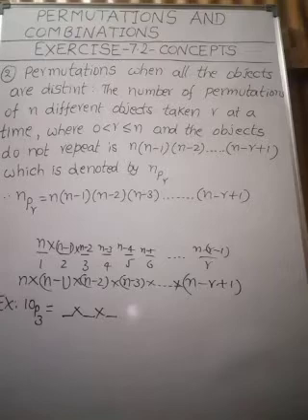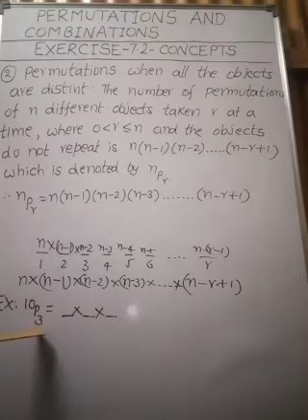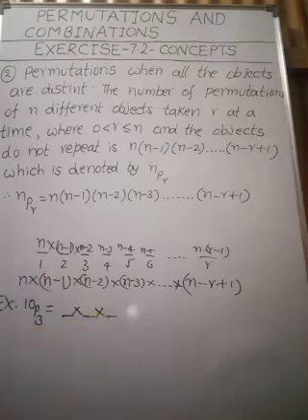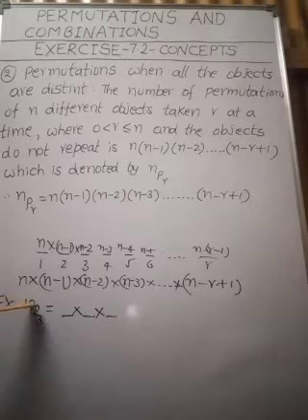Listen to these steps carefully, my children. First, we have to concentrate on this downside number. What is the downside number here? 3. So take 3 blanks, and in between write the multiplication symbol in this gap. Okay, my children. Now come to this number 10. So start with 10.